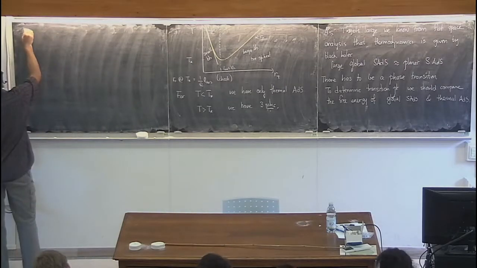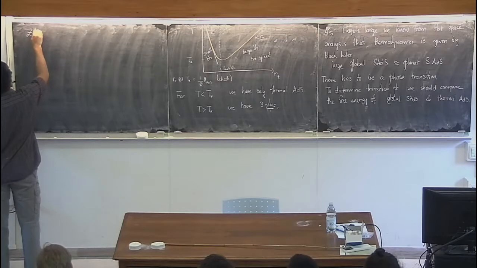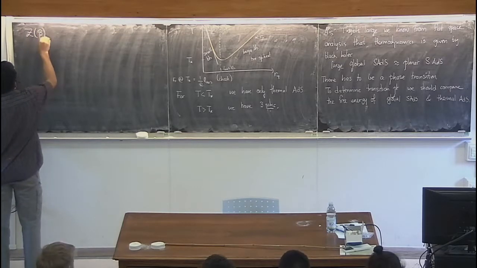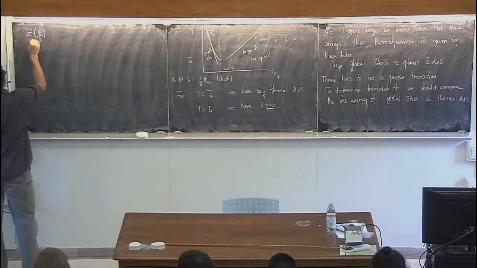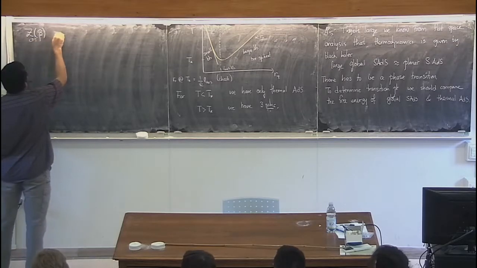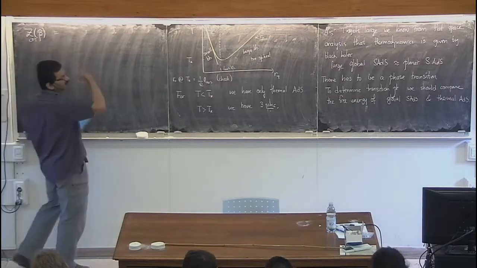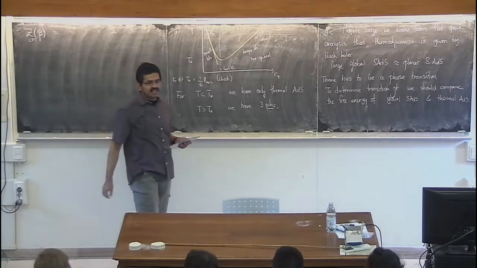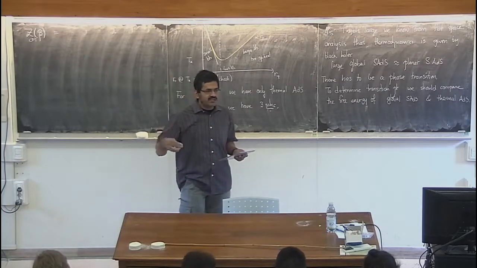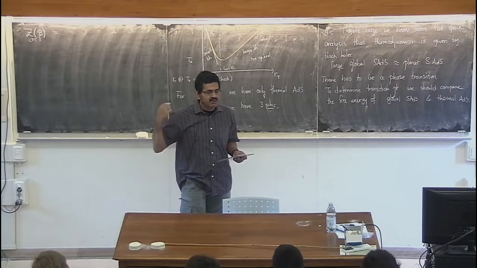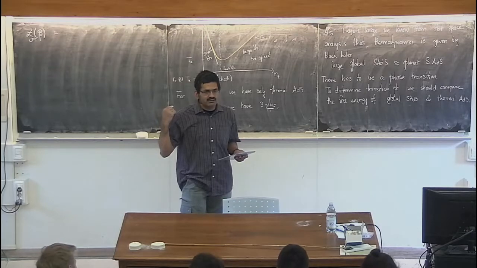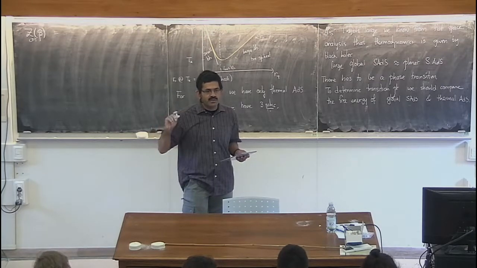And to do that, let's remember the CFT partition function, or we wrote the formula the other day for the generating function of CFT correlation functions. I'm going to translate that into a free energy statement now, which is the correlation function of the identity operator at finite temperature.